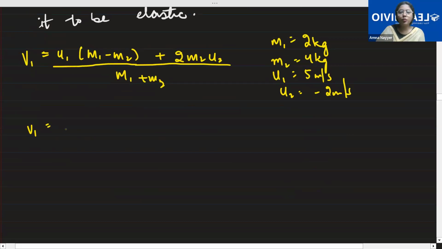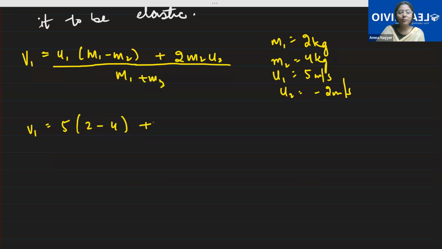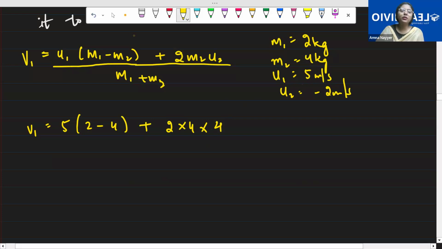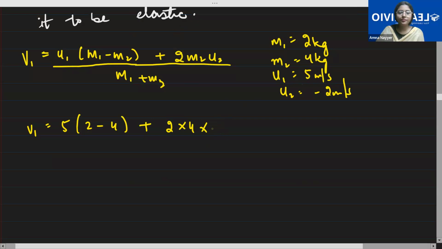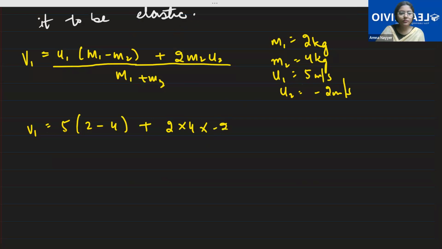V1 is equal to 5 times (2 minus 4) plus 2 into 4 into minus 2, divided by 4 plus 2.